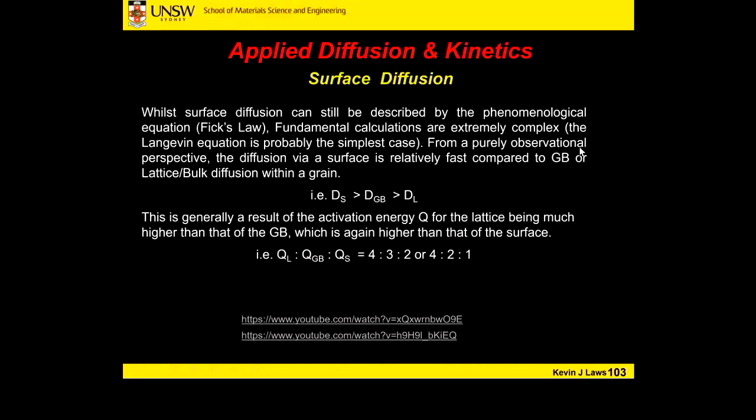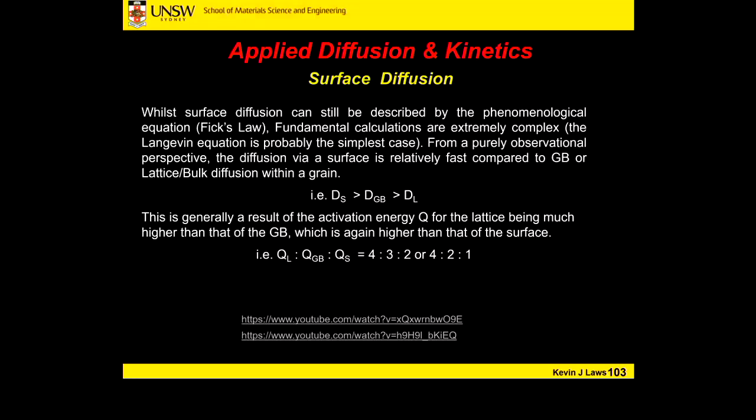So while surface diffusion can be described by phenomenological equations like Fick's law, again applying a very basic fundamental equation to something that is a fairly complex and multi-step process, fundamental calculations are very complex. Right? The Langevin equation is probably the simplest case, but I haven't even bothered putting it up here because it's this long.